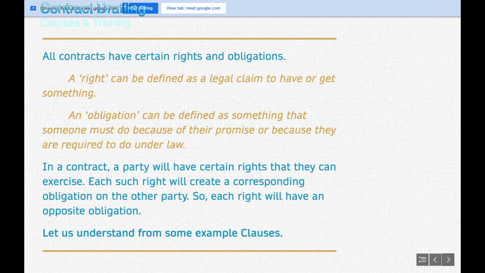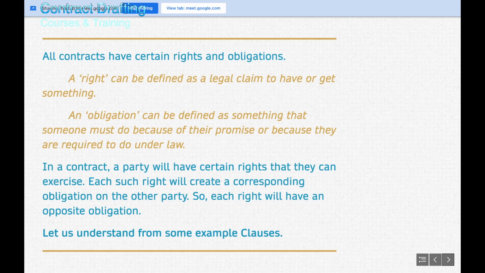So, for example, if I ask you to give me something, that is an obligation on you, and I'll have a corresponding right to receive that something from you. So, rights and obligations are always interlinked. There cannot be a right without an obligation, and vice versa.